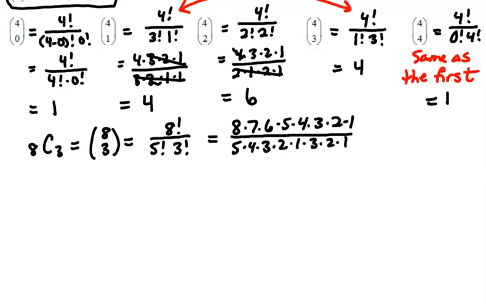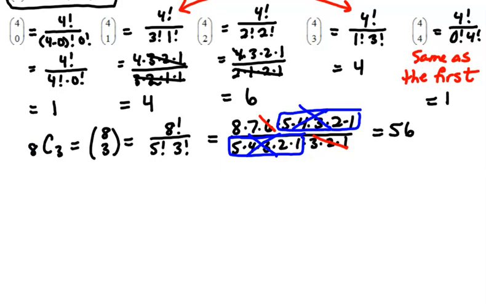Now what I want you to notice is I have a 5 factorial in the denominator, but I also have a 5 factorial in the numerator. All of that's going to just divide out. I have a 3 times 2 times 1, which is 6, and I have a 6 in the numerator. So all of this is going to end up equaling 56.